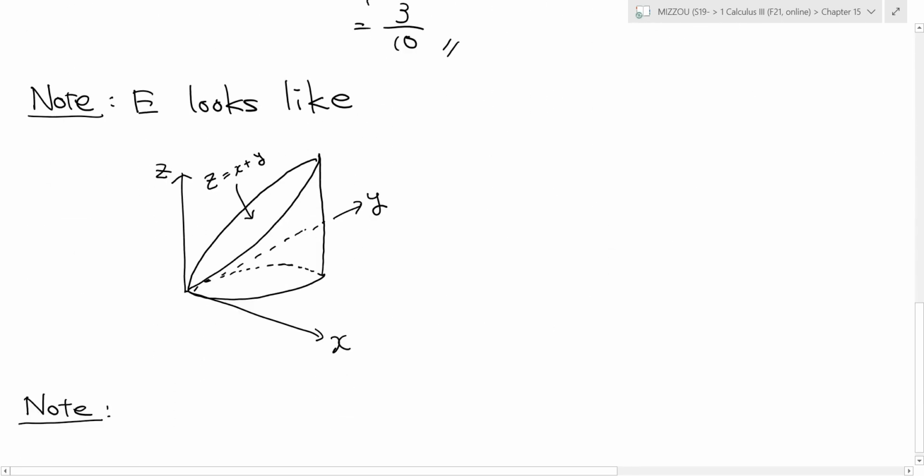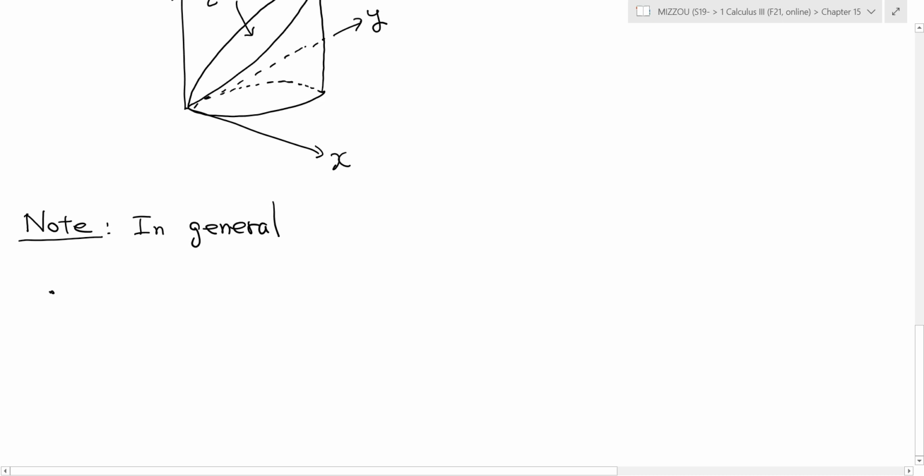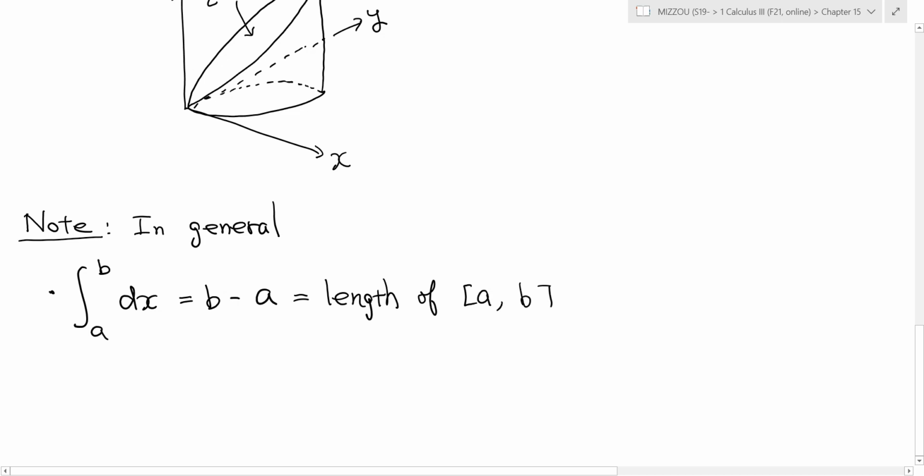In general, not just for this problem, if you look at the single integral of a single variable, and if you integrate 1 from a to b, this is of course b minus a, and that's the length of the line segment from a to b.